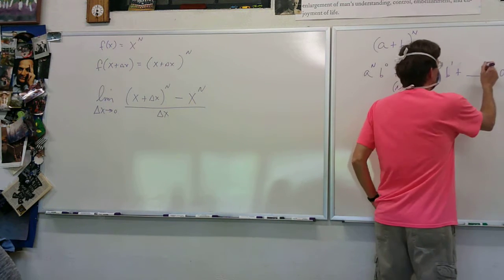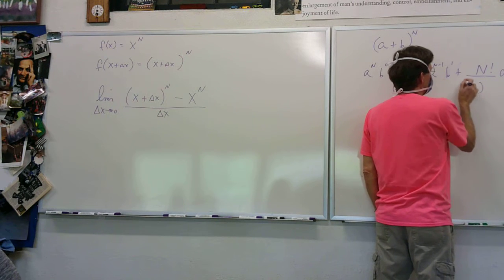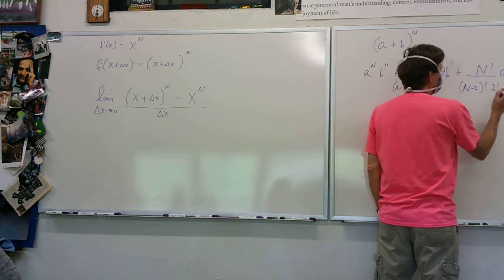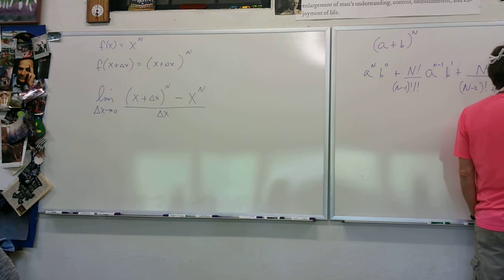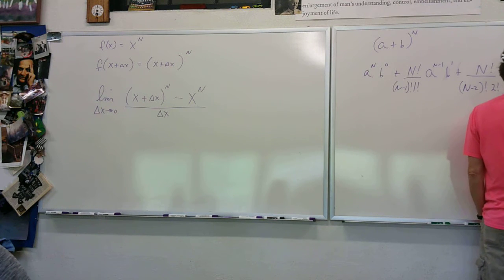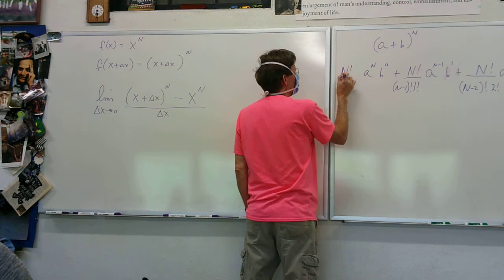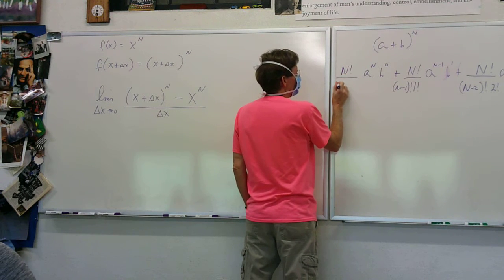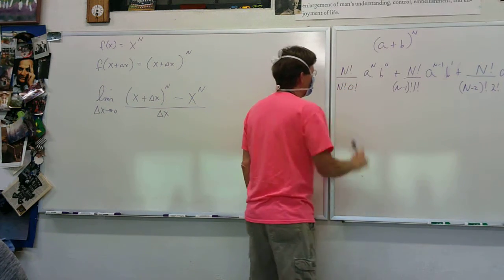And then this one is n factorial over n minus 2 factorial, 2 factorial. This one's n factorial over n minus 3 factorial, 3 factorial. This one is really n factorial over n factorial, 0 factorial.